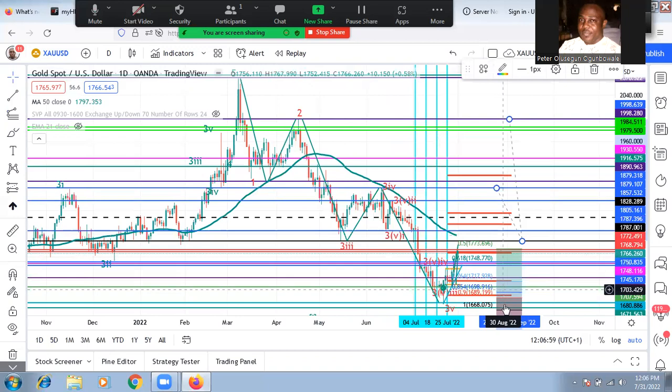So it's almost 100. It's most likely a 3 swing to the downside, almost perfect for a 3-wave structure to the downside, which looks more like it.